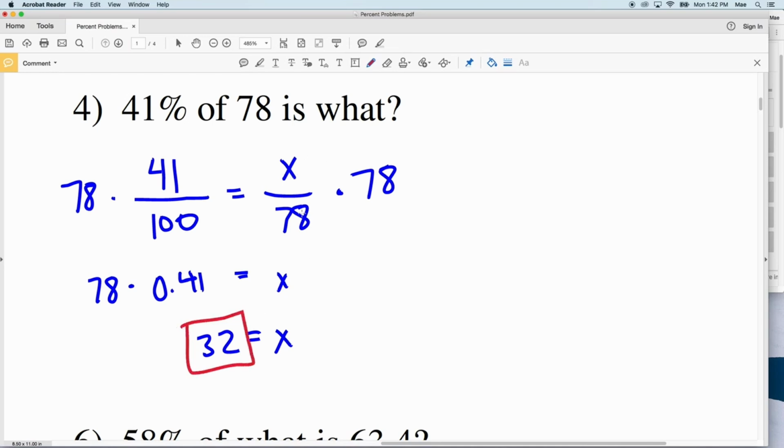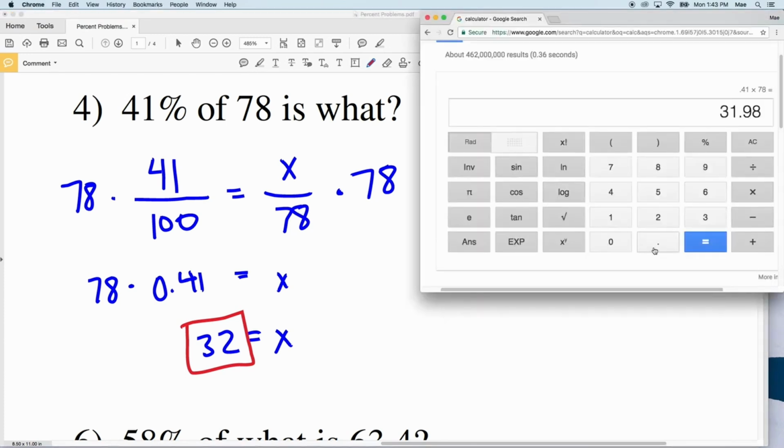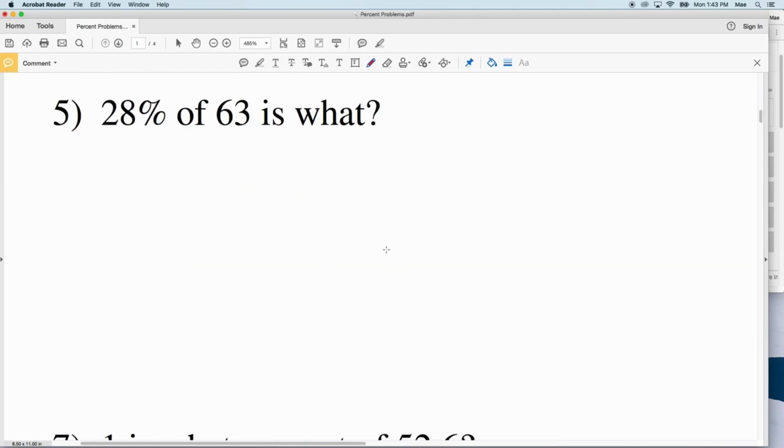If you took 32 and divided by 78, you would get 41 hundredths, which, when multiplied by 100, would give you 41%. 32 divided by 78, 41 hundredths.